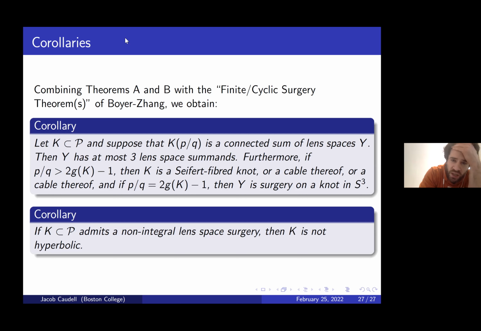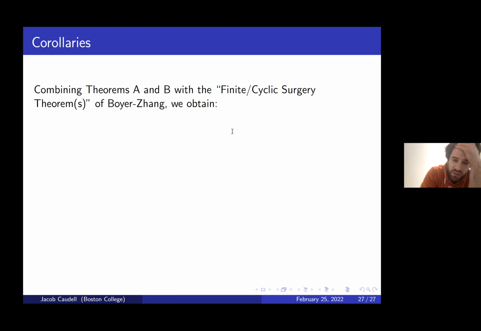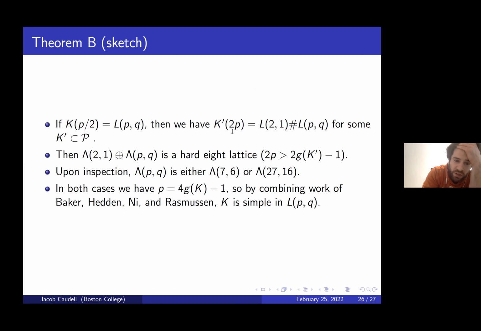Could you say a little bit more about what upon inspection means here? What are you doing? Sure. So you break this search up into a couple of different cases.